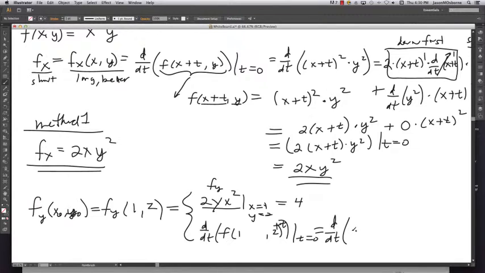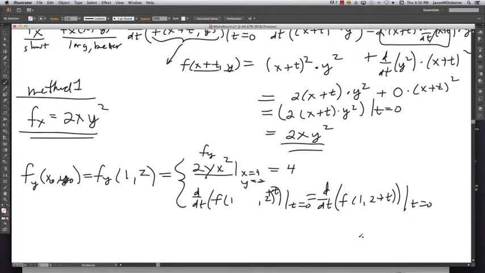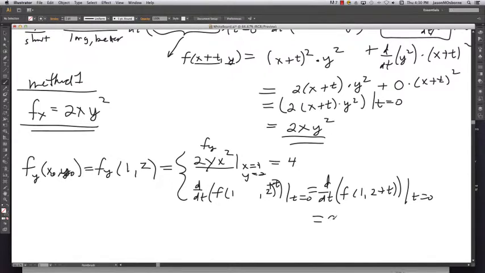So then you'd have to compute the function evaluated at 1, 2 plus t, and then take the derivative at t is equal to 0. The function would have been 2 times x, which is 1, so that's where the 2 comes from. Y would be 2 plus t, and then you would square it. Then you need to evaluate that at t is equal to 0.